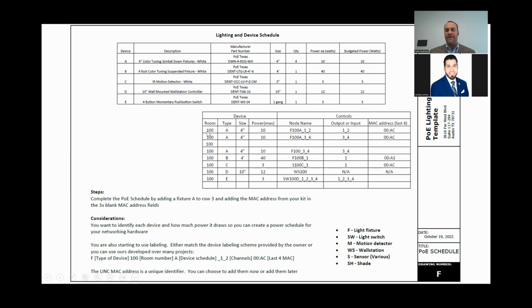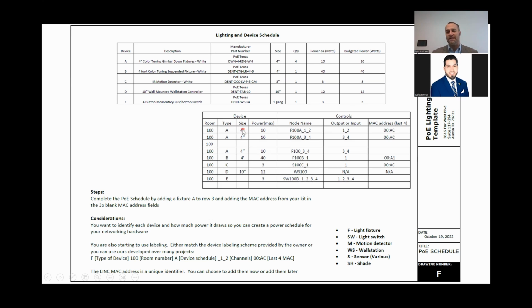So on the left-hand side, column 1, let me get my little spotlighter tool. Column 1 is room. So you know this is in room 100. It's easy when you've got one room, but if you have like 10 rooms, you'd say 100, 110, 111. Then you also list out the type of fixtures. So I know this is A, and this is 4-inch.